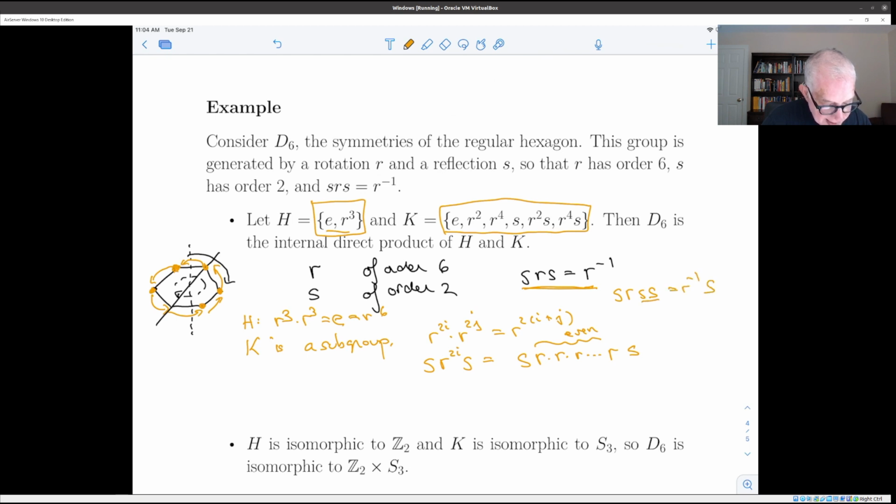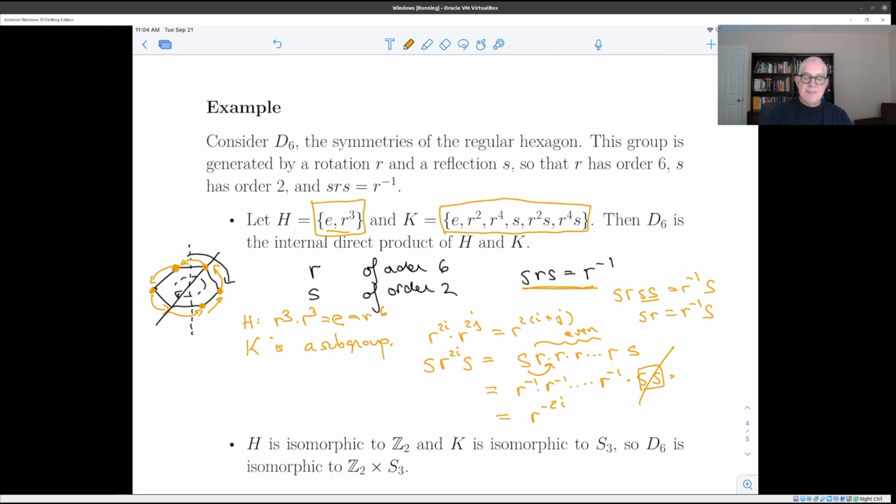Since S times S is the identity, it's a reflection, this could be read as SR is R inverse S, meaning when you move an S past an R, the R turns to R inverse. So this is the same as R inverse times R inverse times R inverse times S, which is the identity. And so this is R to the minus 2i.